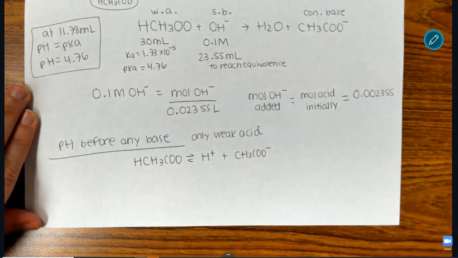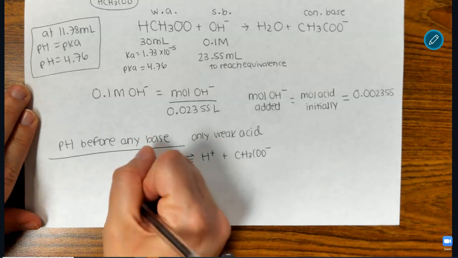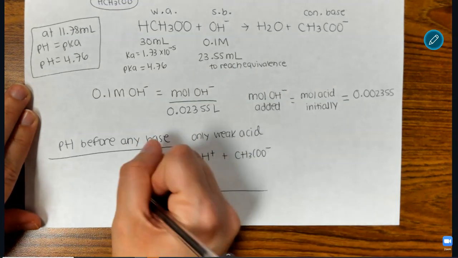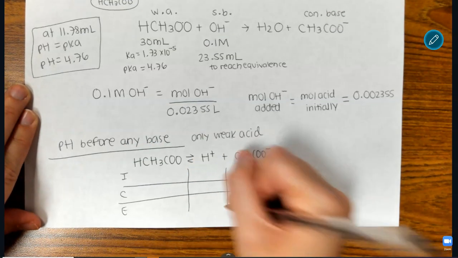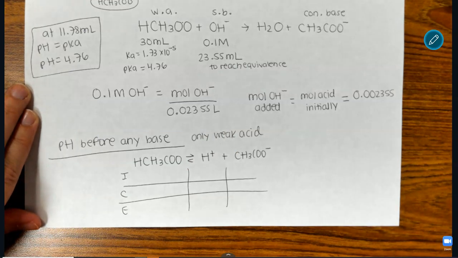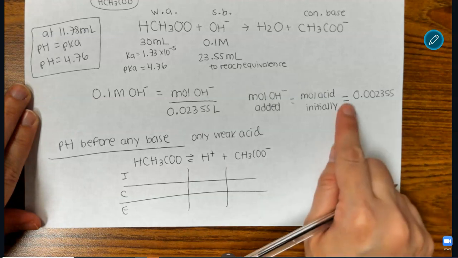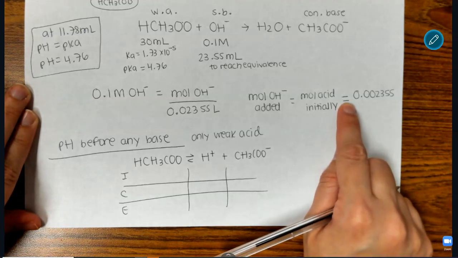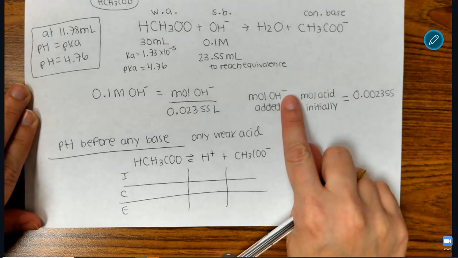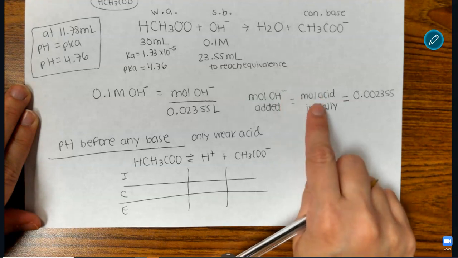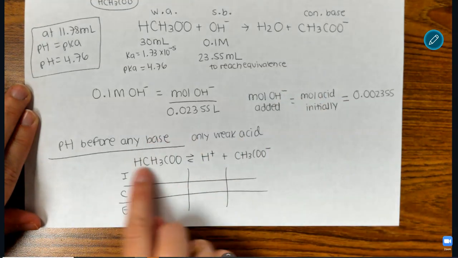And so you need to make an ICE table. Now, ICE tables are not for moles, they're for molarity. Well, how many moles or how much molarity do I know there was? We already solved that by solving for the moles of base at equivalence. That tells us our moles of acid initially.